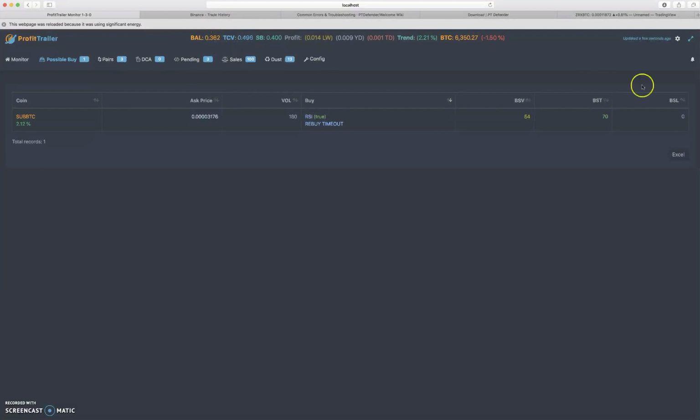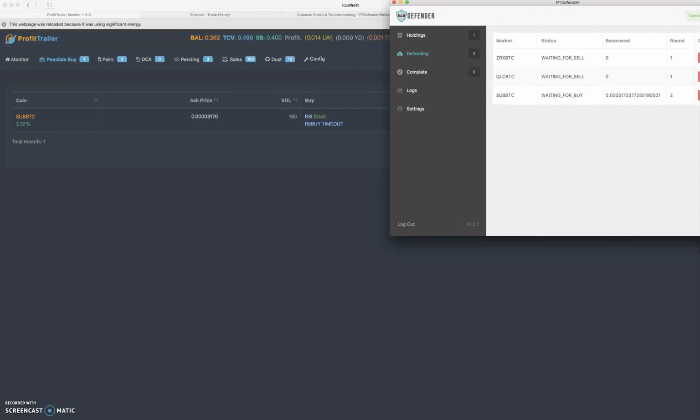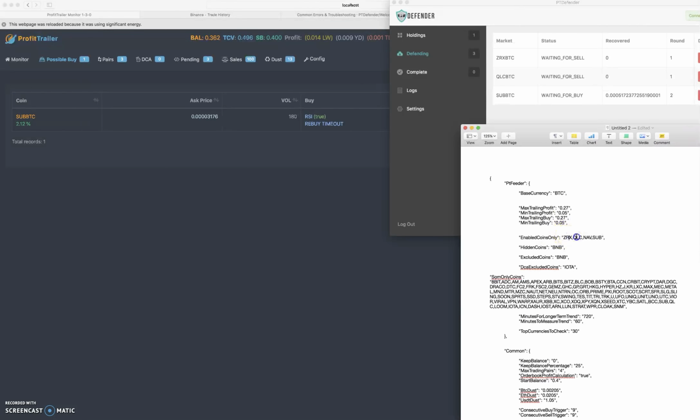I'm so deep in bags right now, please only use these coins. Or if you want, you can put a ton of coins in sell only mode. This is one of the things I do.